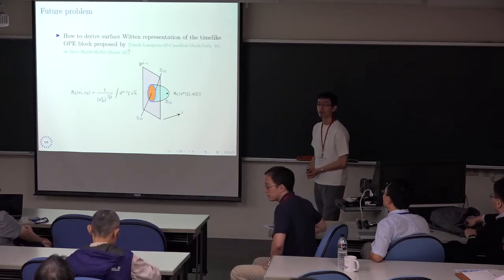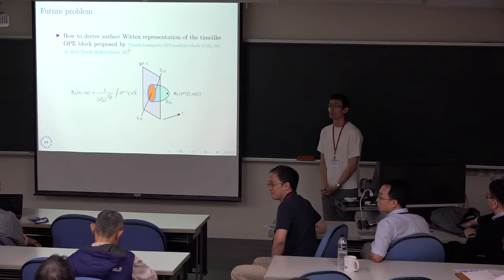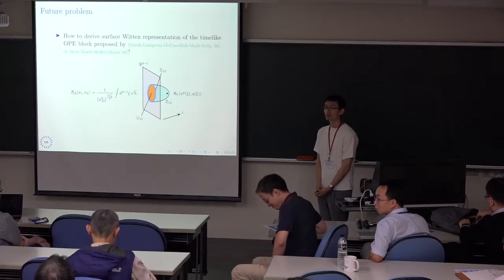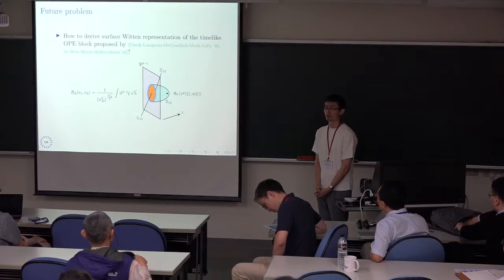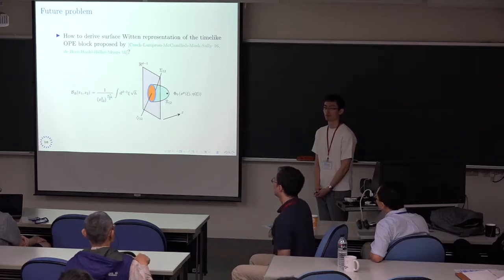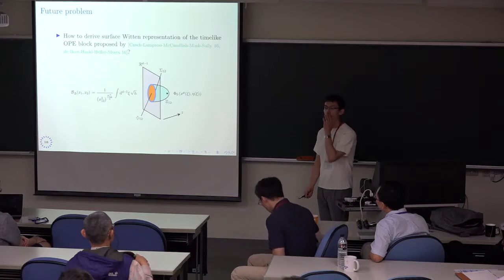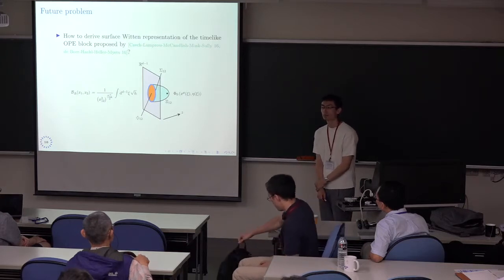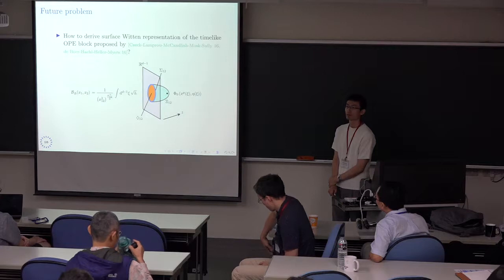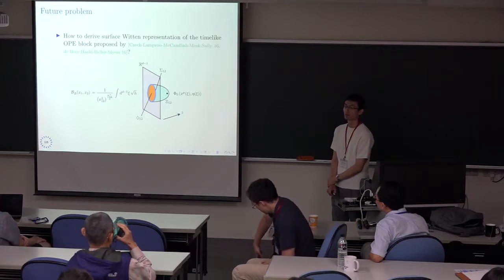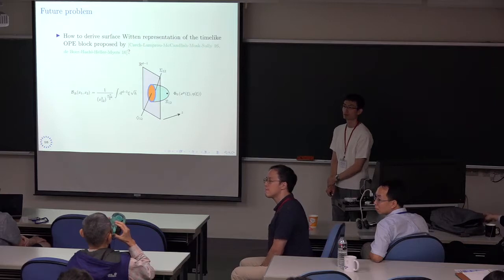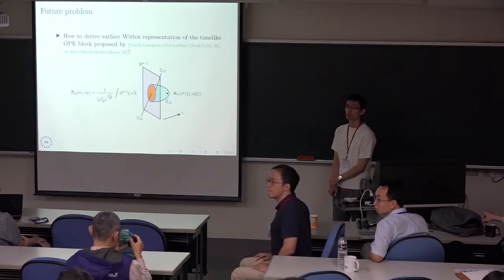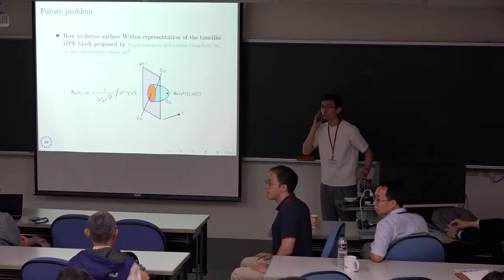And the second question is, you can consider some conformal generator acting on the left hand side by a local operator, and then you push it through to the right hand side, through this corner. Then you can check how it acts on the bulk field. Sorry, could you repeat your question?